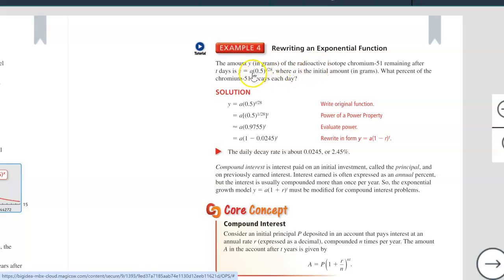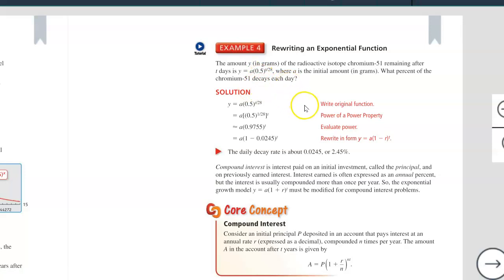Again, A is the initial amount, and they're asking what the percent is that decays each day. Now we know that 50% decays every 28 days, so 0.5 is not the daily rate, but we want to know what it is daily.